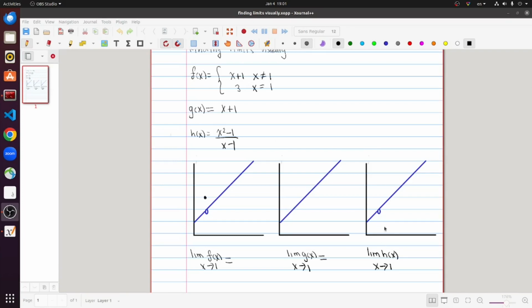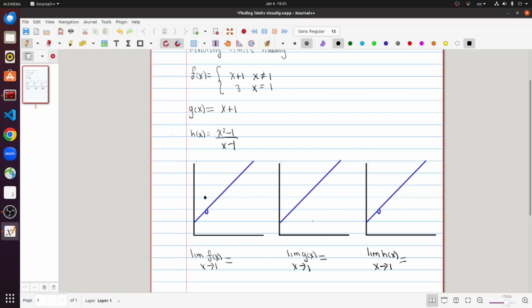Okay, but what is the limit at these three points? Well, we stated many times before that we only care what happens when we approach this point. Okay, x0 is 1, so we only care what happens as we approach this point. So let's start with g of x.